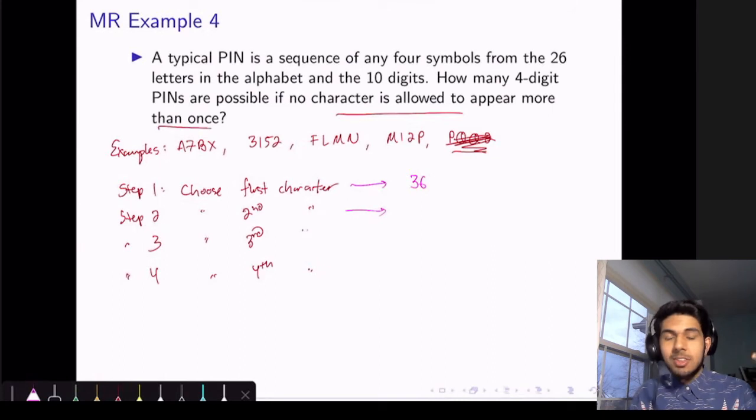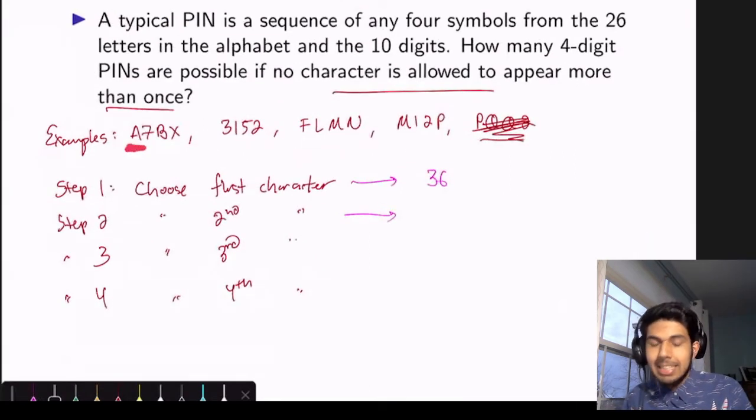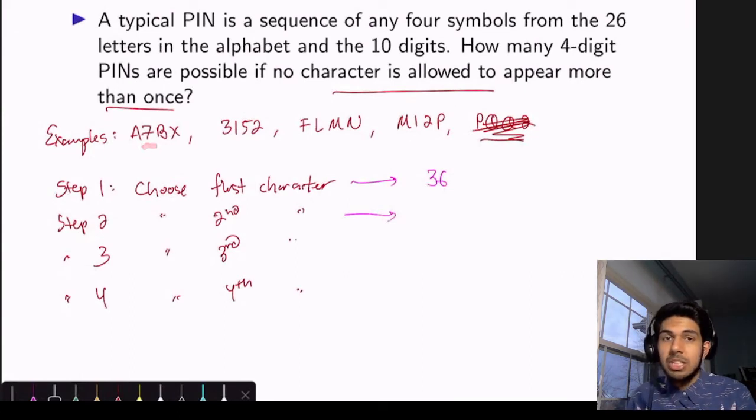So while there are 36 possible symbols that could be in the second position, we can't say that there's 36 options for the second position because that value depends on what we chose in the first position. So here, for example, if we assigned A to the first position, we know the second position can't be A. So there's only 35 other possibilities for it to be.